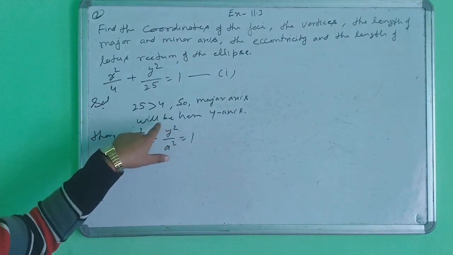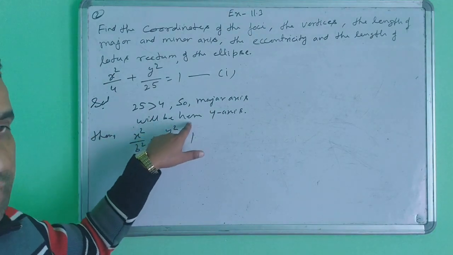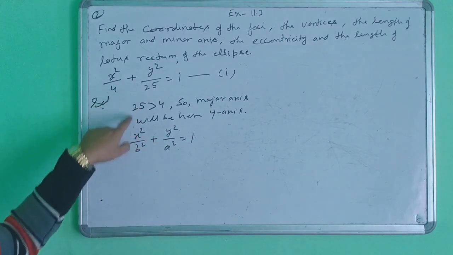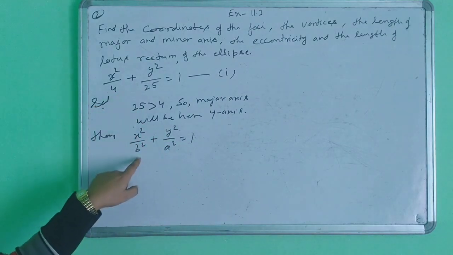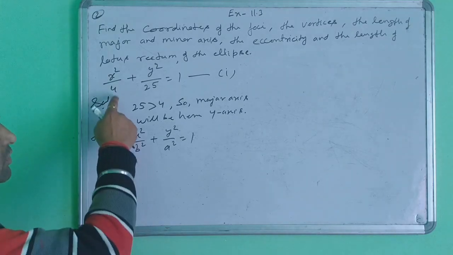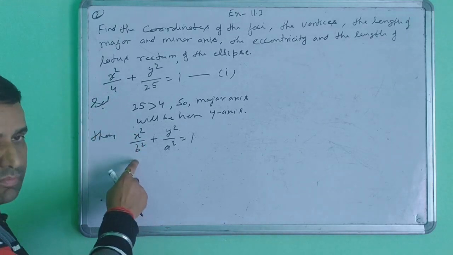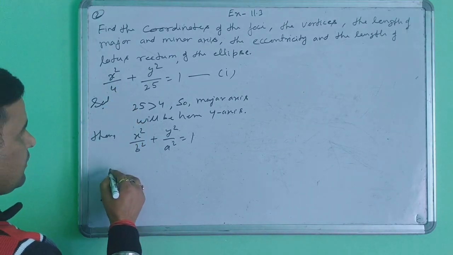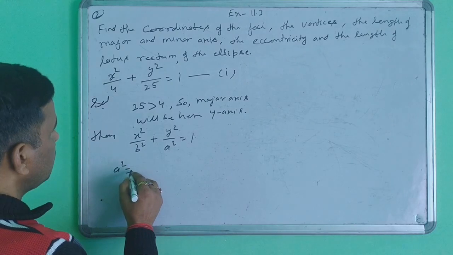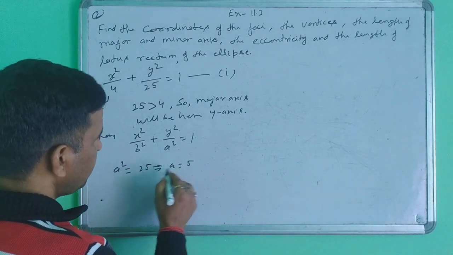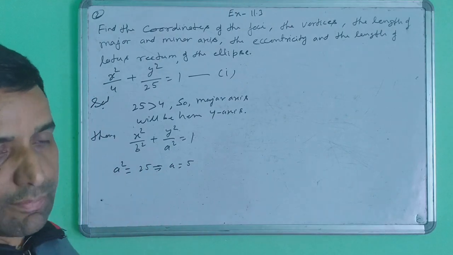Now you will compare the given equation with the general equation of the ellipse. What is the value of a? a square equal to 25, so a equal to 5. You will always take the positive value.